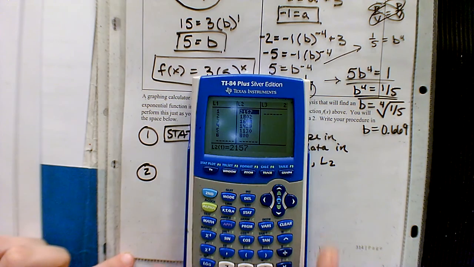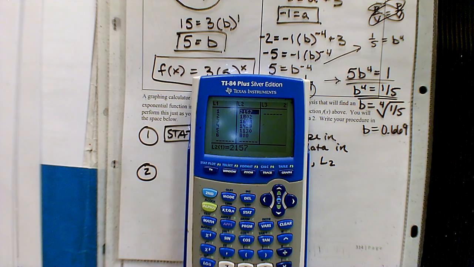Once your data is in the calculator, we have to tell the calculator we want it to find an exponential function for this information. We don't want a line, we don't want a parabola, we want exponential. Can we figure out where we can go from there?